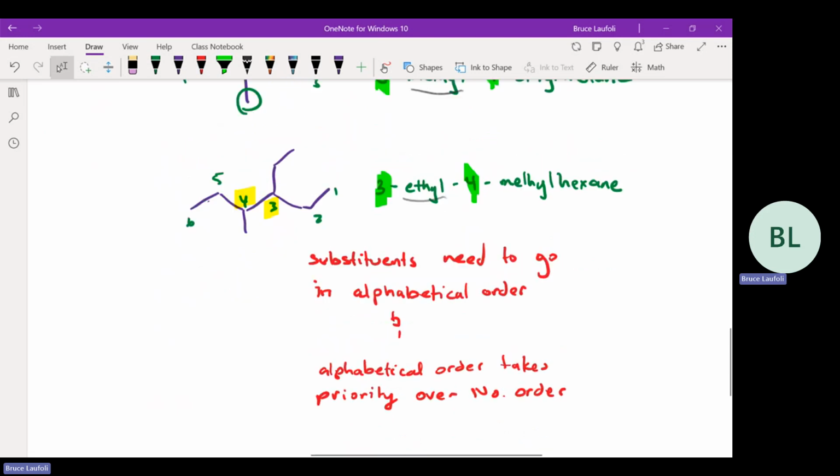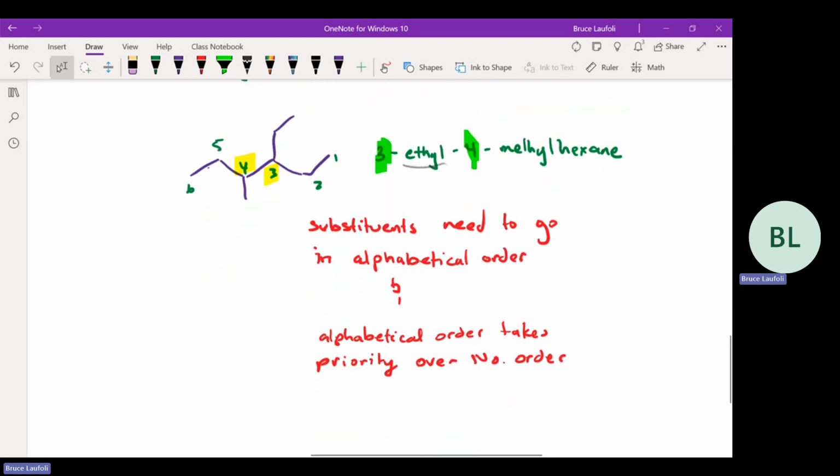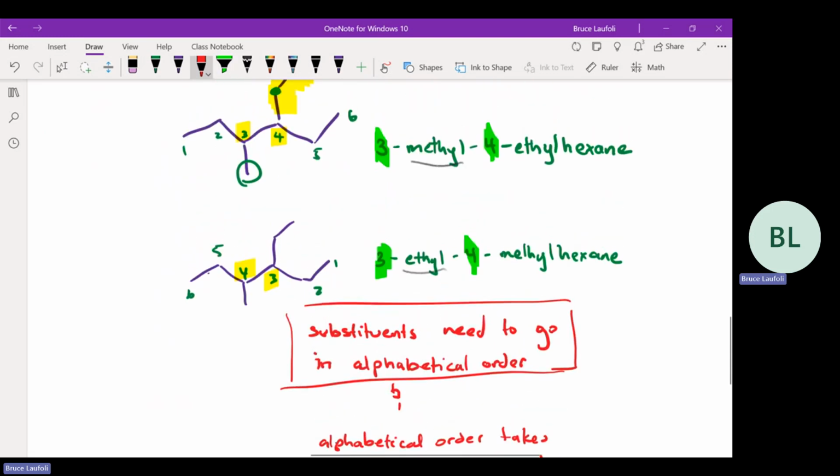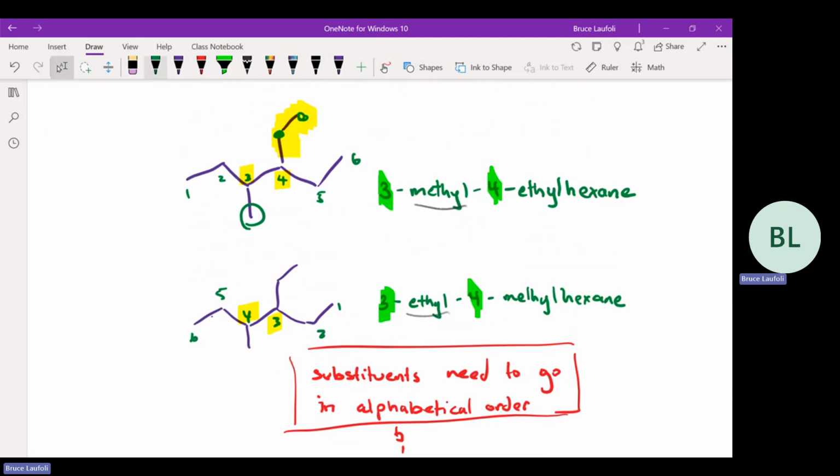Like some will be ascending order, some will be descending order. But essentially this is the main thing you need to know over here, is that we need to go in alphabetical order. And so the top one would actually be wrong, because when we are comparing M and E, of course we know that E comes before M in the alphabet, so we need to put ethyl first.